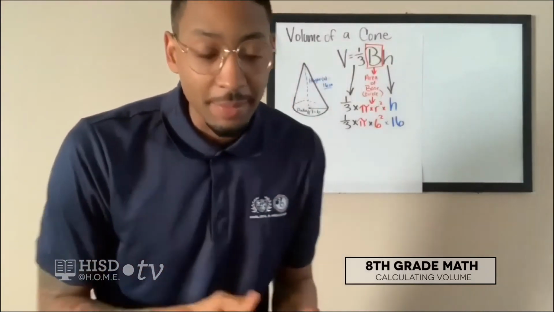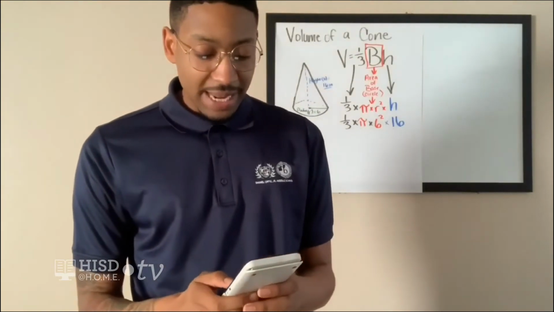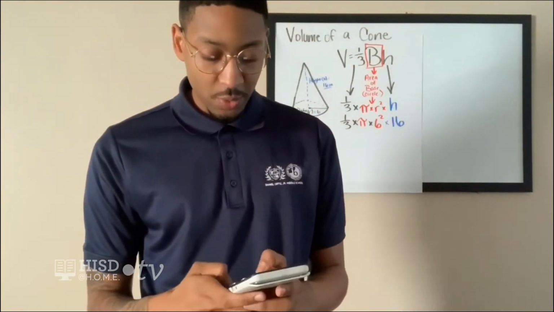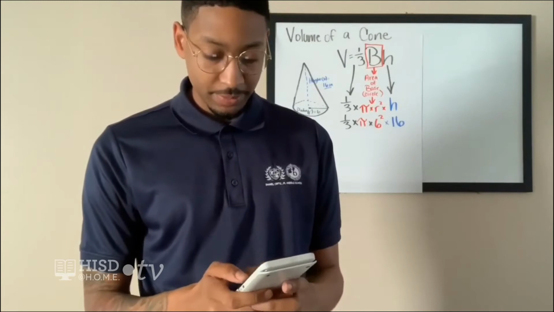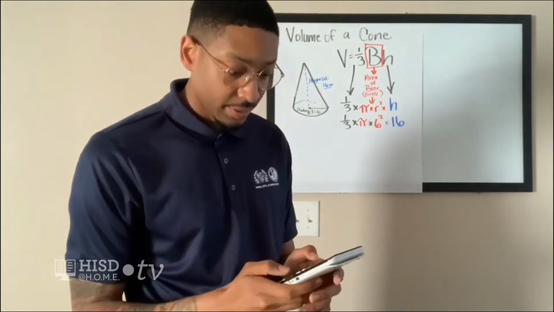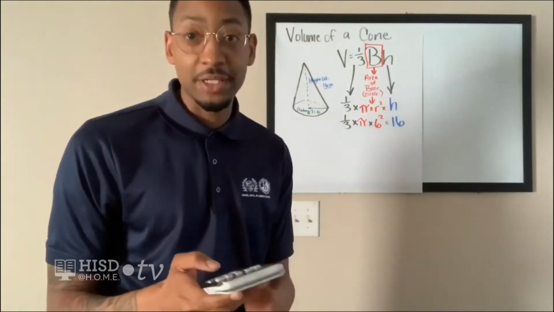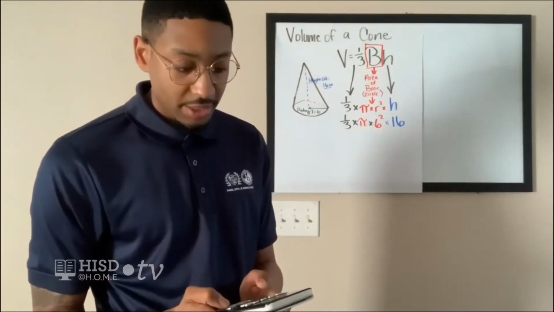Now, when I get my graphing calculator out, I'm going to type in 1/3 times pi times 6 squared. Do not forget to square the radius.